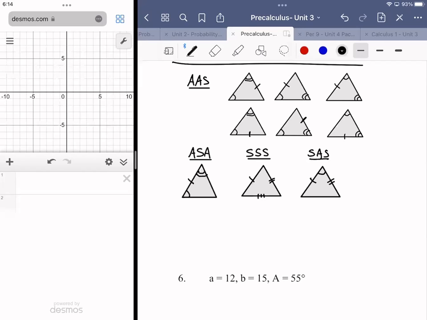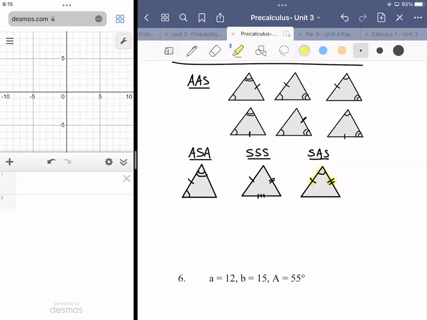If I were to start here at this location and travel around the perimeter of the triangle to my other known side, the angle that I would have to pass through, the turning angle, that would be the angle in the SAS.